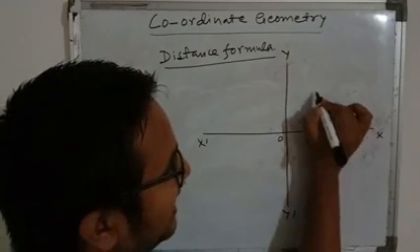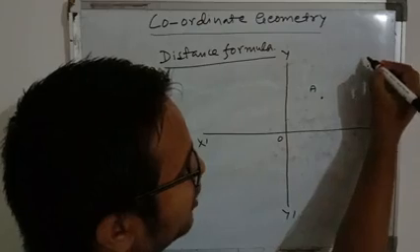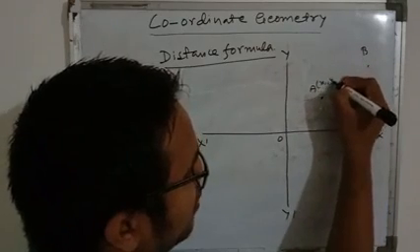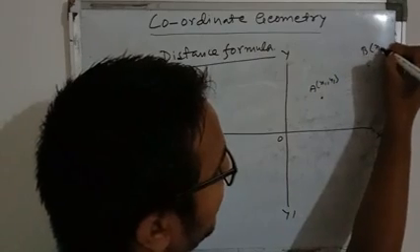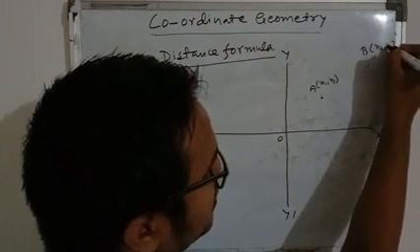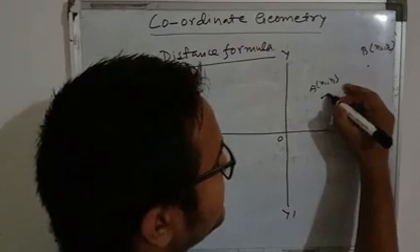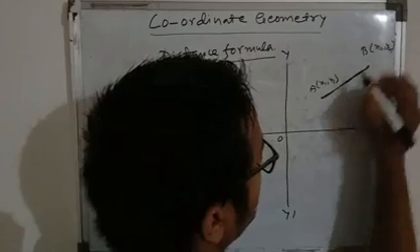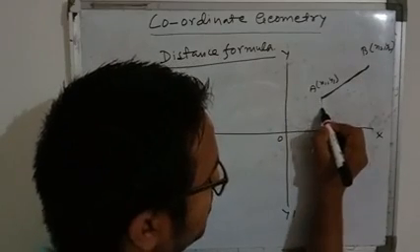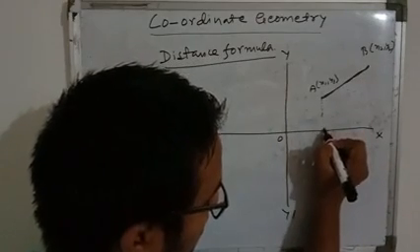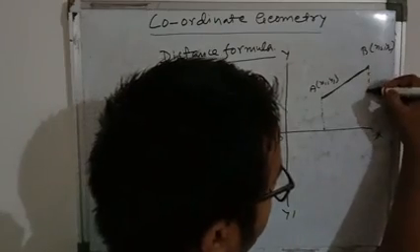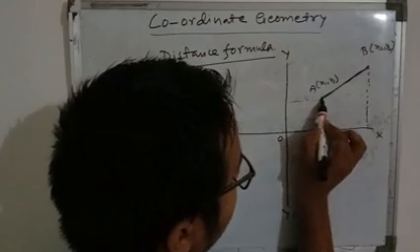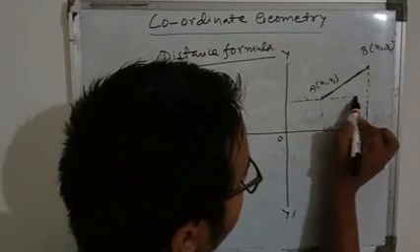Suppose this is point A and this is point B. So this coordinate is (x1, y1), and this is (x2, y2). Suppose we need this distance. Just plot this on the x-axis, from here also on the x-axis. So this is the distance on the y-axis, this is also the distance on the y-axis.